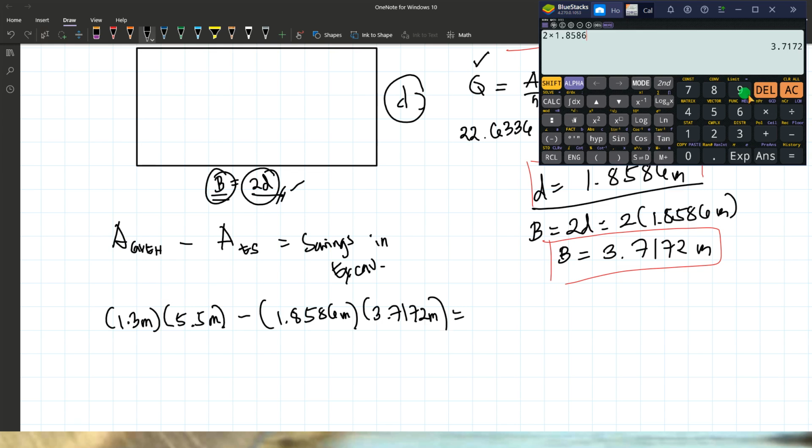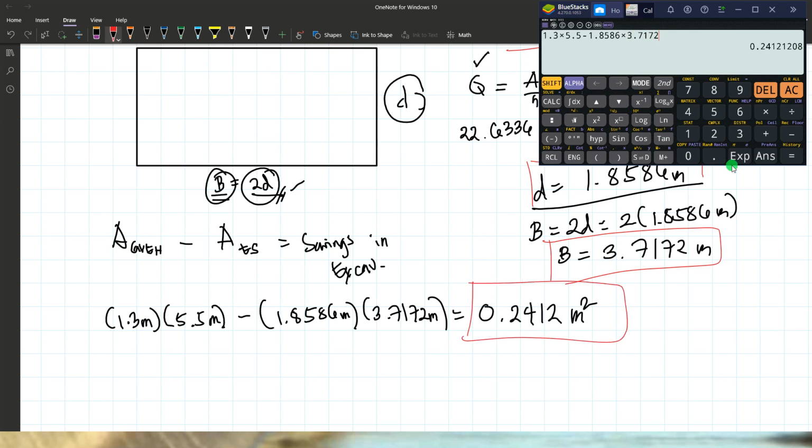Okay, so let's solve this. The answer is 1.3 times 5.5 minus 1.8586 times 3.7172. The answer is 0.2412 square meters.